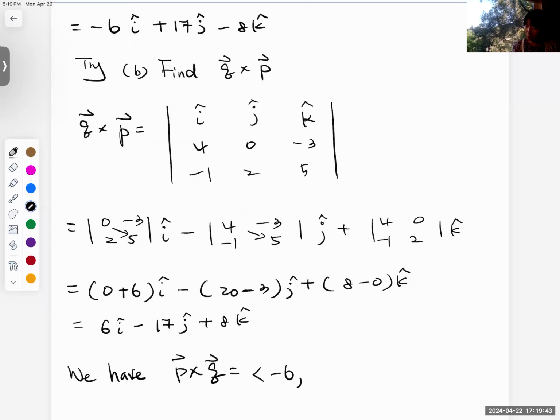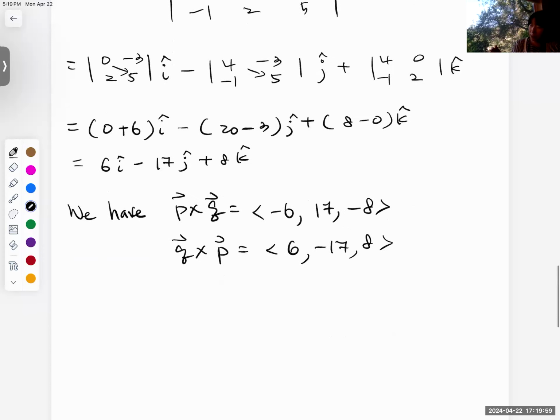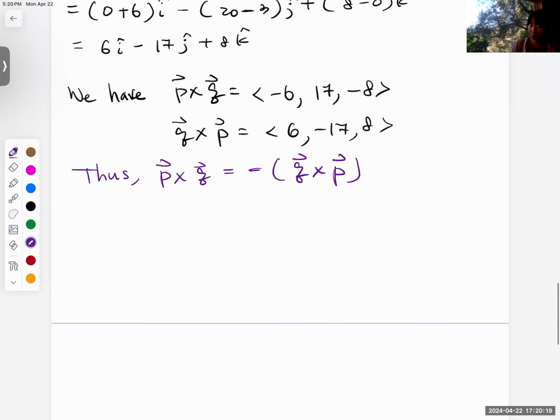So it's -6, +17, -8. And we have Q cross P, then we have 6, -17, 8, right? The sign is opposite, right? So we can say that the cross product of P and Q is the negative of the cross product of Q and P, right? Makes sense, right?